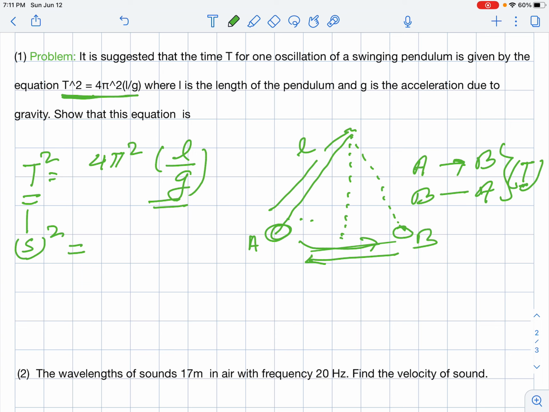And this is a constant, so it has no unit.